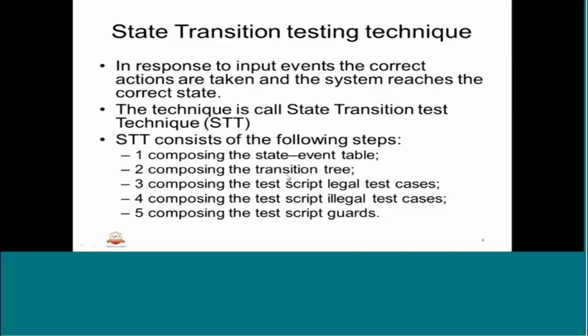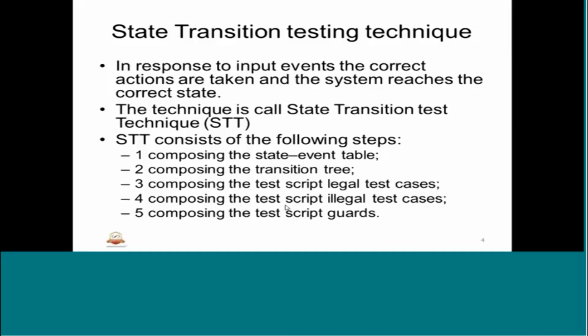Then composing the transition tree, having all the transitions once the state event table is provided. The third one is composing the test script legal test cases. So we come up with legal test cases, that means the test cases which will drive all these transition paths.